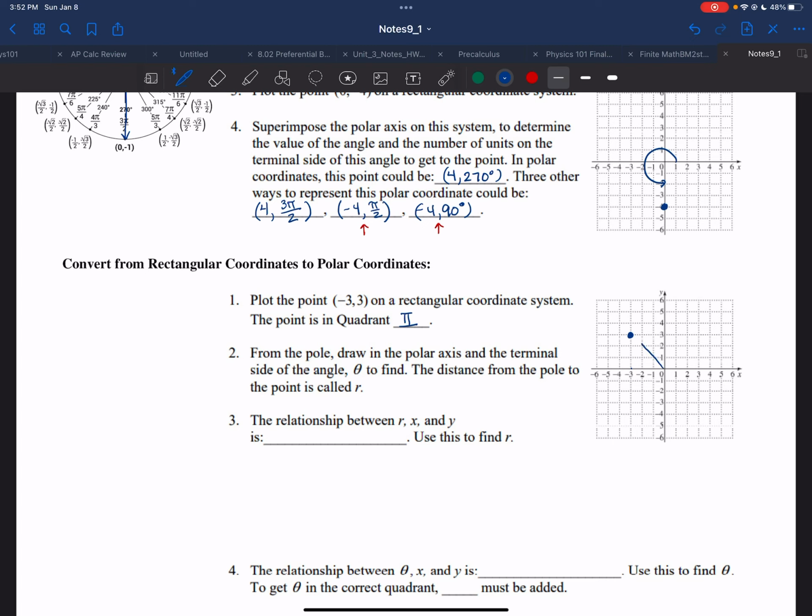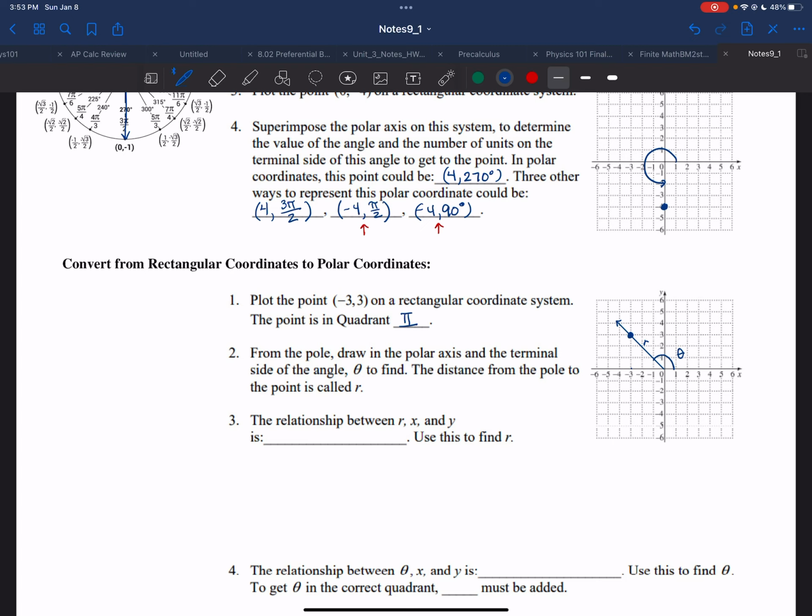So I'm going to draw a line coming through that. Let me do a little bit better. Okay, so that line coming through that, and this value is going to be r, and this value is going to be theta.